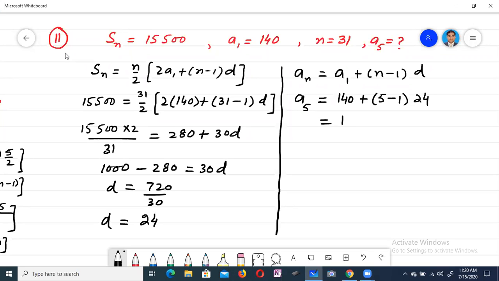Now we will simplify 140 plus 5 minus 1 is 4, and 24 fours are 96. Then 96 plus 140 will be 236. This will be the fifth term of that arithmetic progression. He is paying the fifth installment, 236.